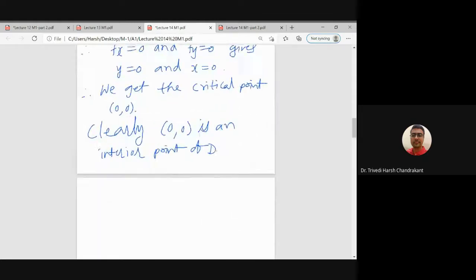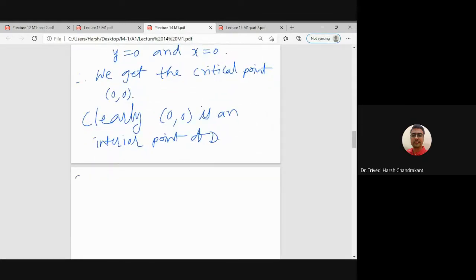Step 2 is the Lagrange multiplier method, that is, we apply the Lagrange multiplier method.